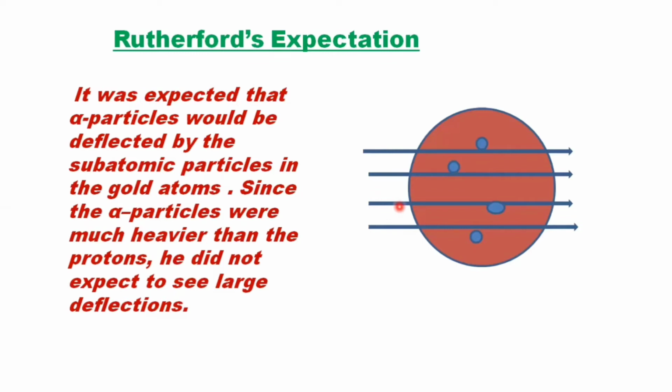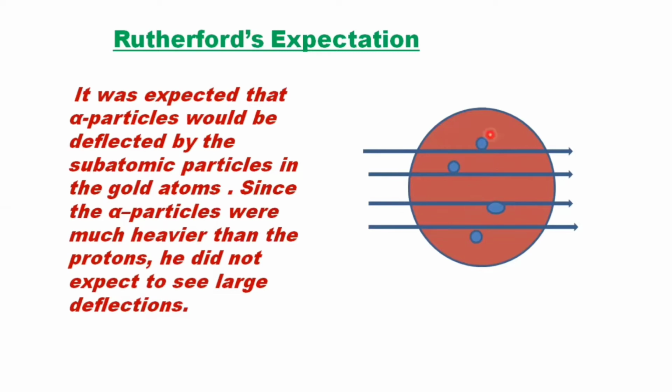So when Rutherford carried out the experiment, his actual expectation was that alpha particles would be deflected by the subatomic particles in the gold atoms. Subatomic particles means protons, electrons, neutrons, etc. Since the alpha particles were much heavier than the protons, he did not expect to see large deflections.